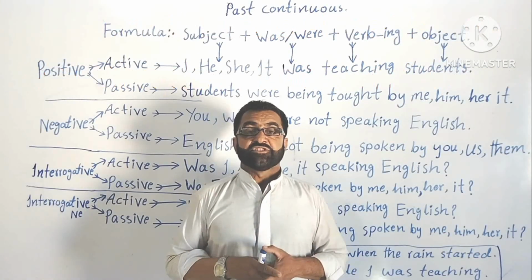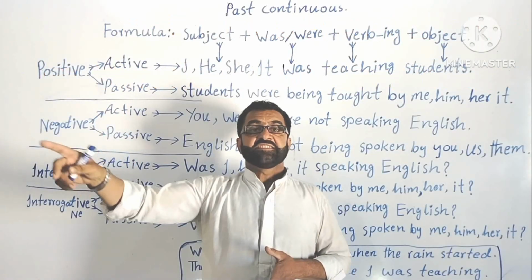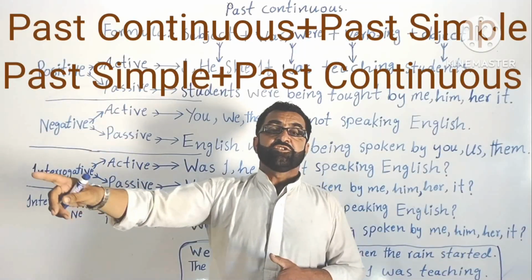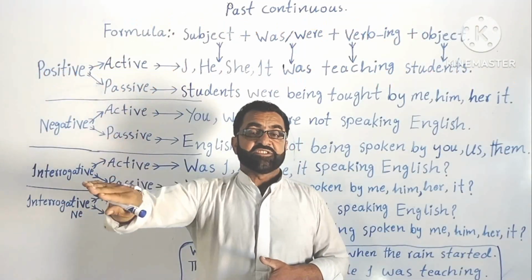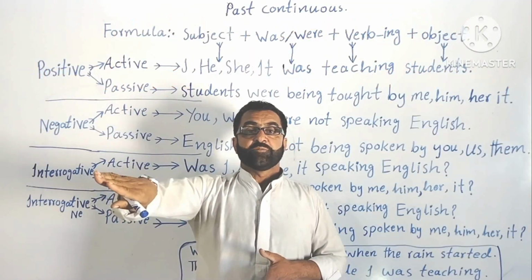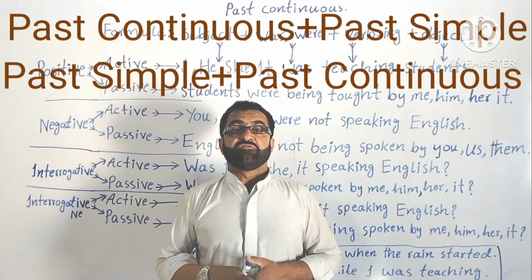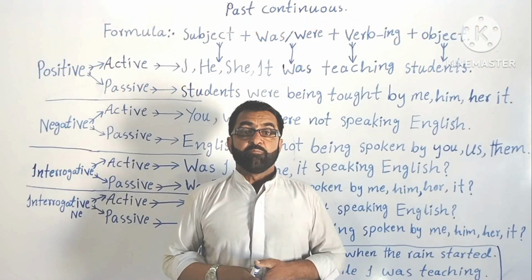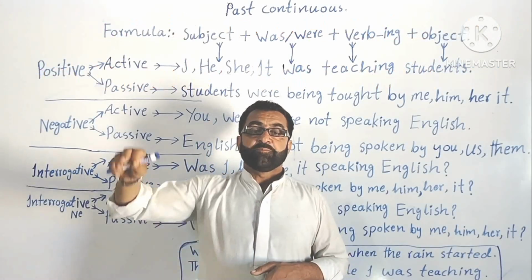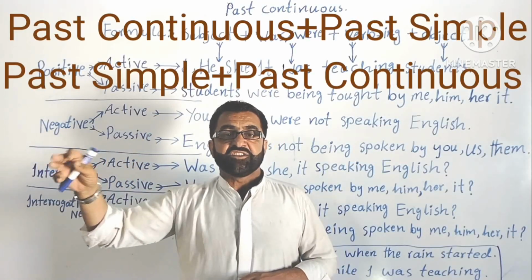But sometimes, while that action is still continuing, another action, another work, or another event comes along with that continuous action. So if we want to mention both events, the first of them we mention in past continuous.